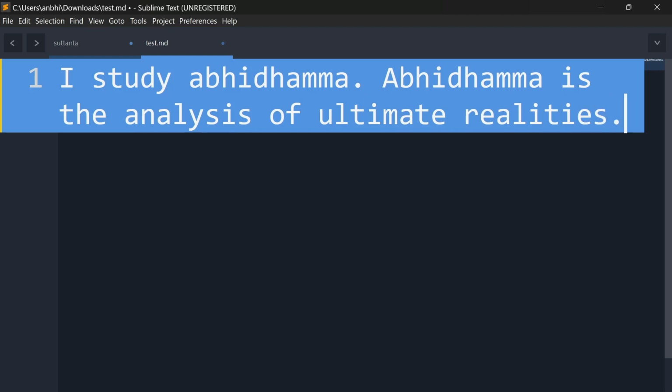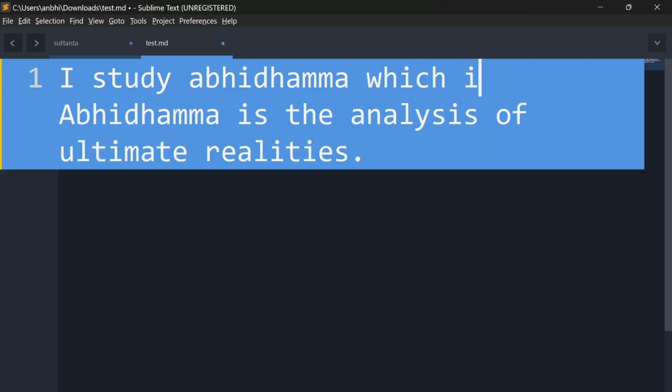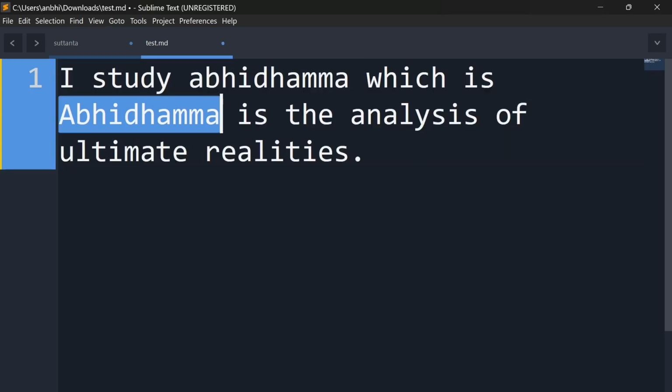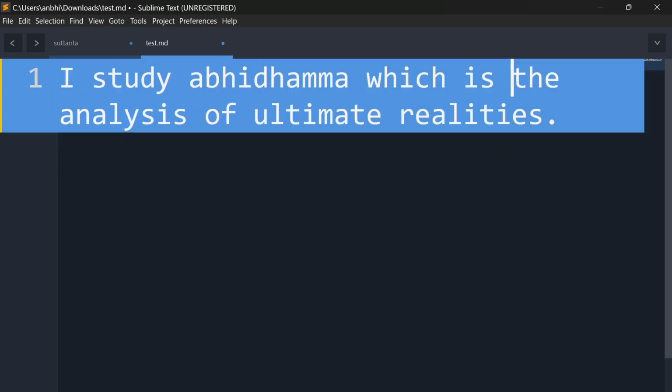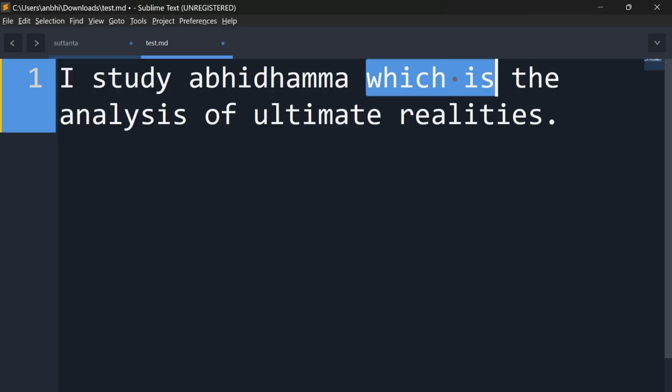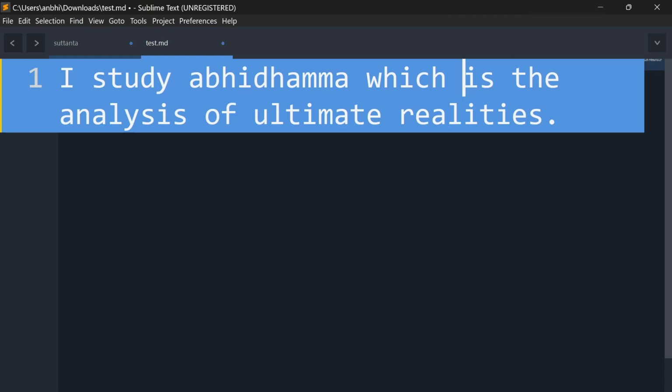That's not really true, but okay. So you can put these together in one sentence with relative clauses. I study Abhidhamma, which is, and I remove Abhidhamma, the analysis of ultimate realities.